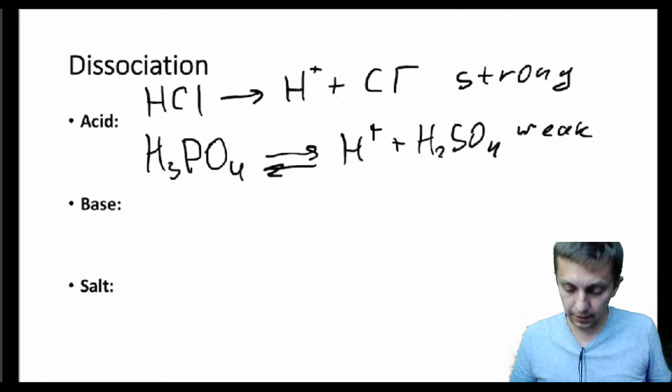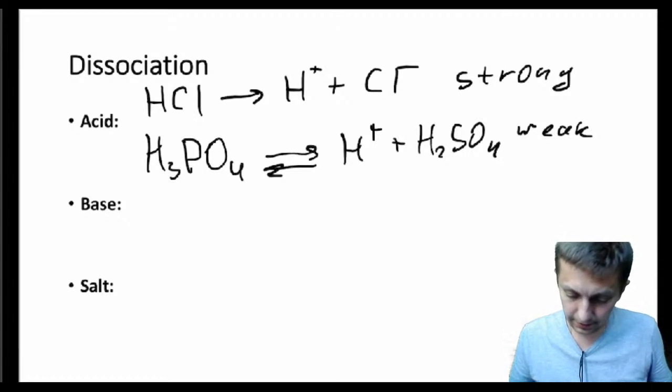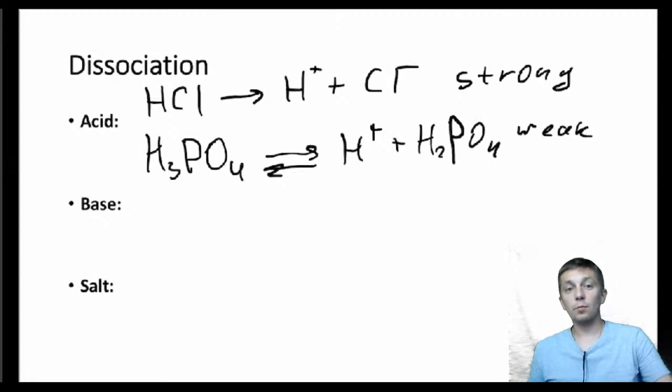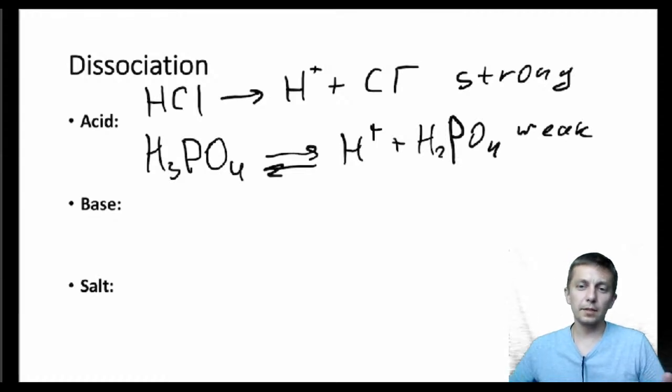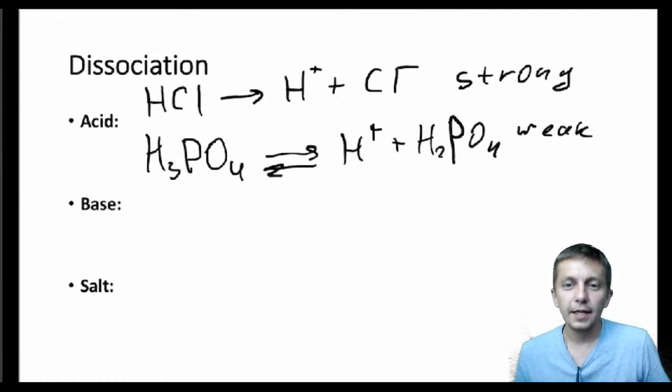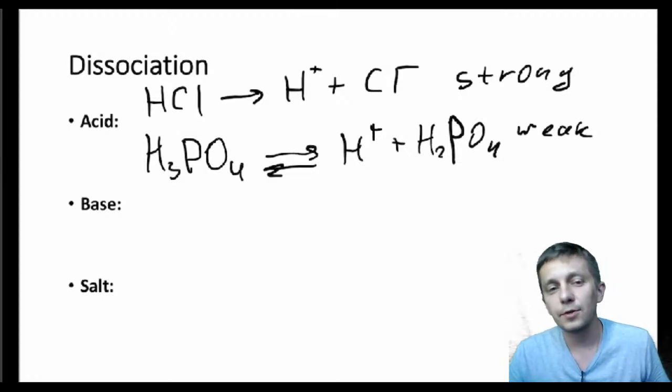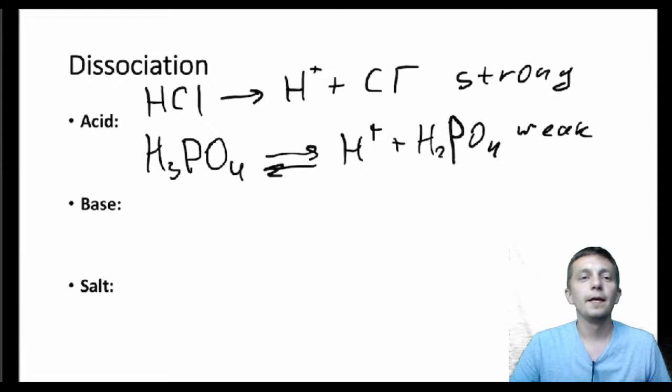Oh, error, sorry. Phosphoric acid is from cola. If you drink cola, Coca-Cola, Pepsi-Cola, any cola, it's typically acidic, and the acidic taste comes from phosphoric acid. It's a weak acid.